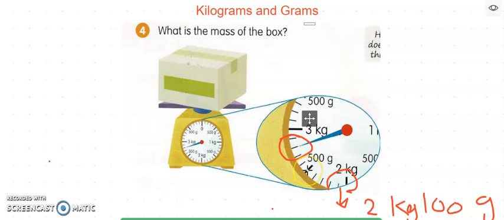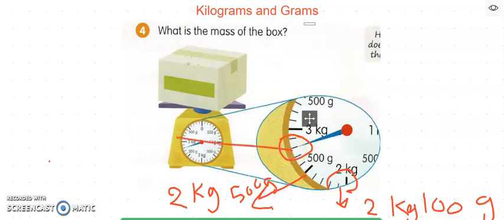Here this point is 2 kilograms and 500 grams, right? After that this point is 2 kilograms 600 grams. After that 2 kilograms 700 grams. After that 2 kilograms and 800 grams.